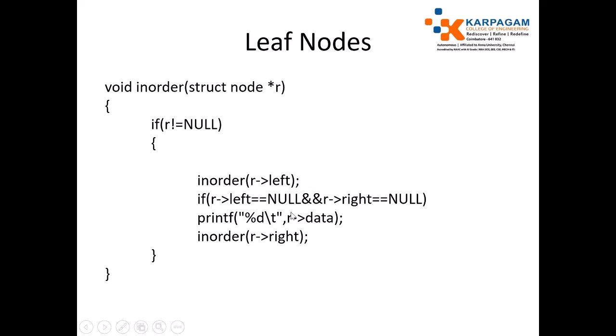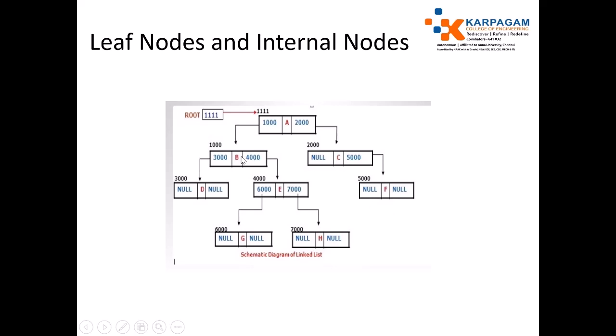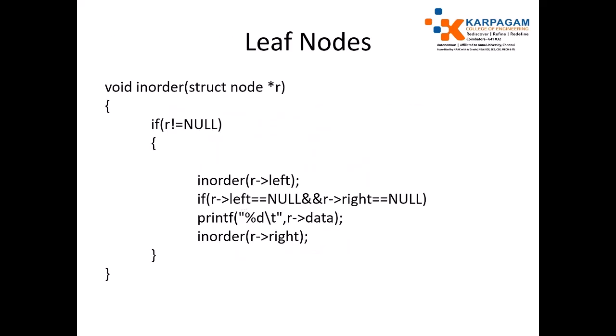While traversing, just check if R of left equals null and R of right equals null. If both are null, that will be called an external node or leaf node. If both conditions are met, it will print the data.